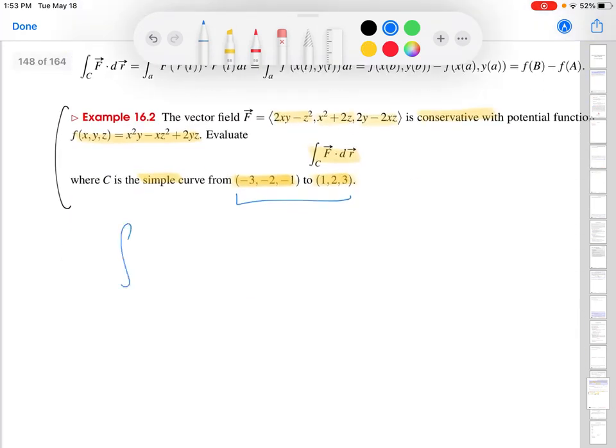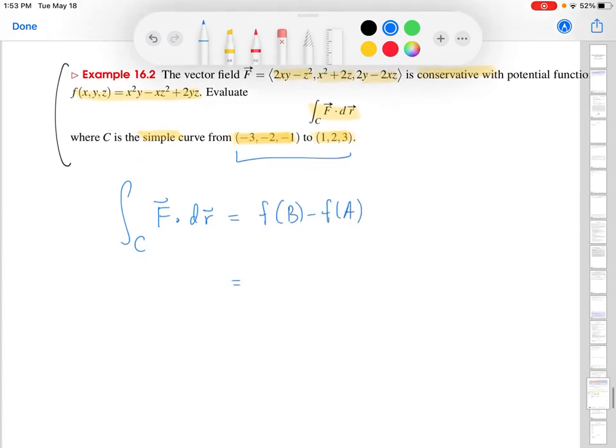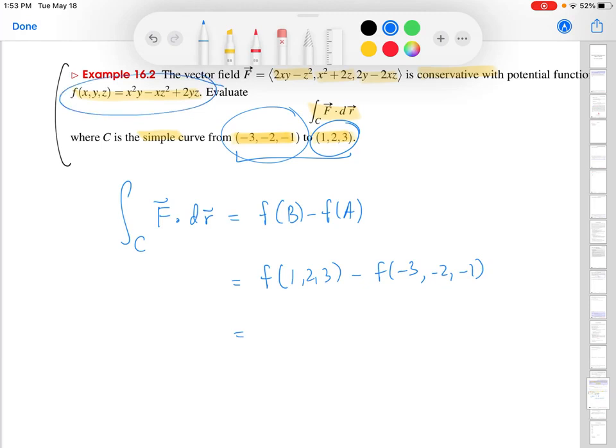So what is the result? The result is that the integral over C of F dot dr equals f of b minus f of a. Great, and so we're doing f of the final point, 1, 2, 3, minus f of the initial point, -3, -2, -1. And then this is our function here.